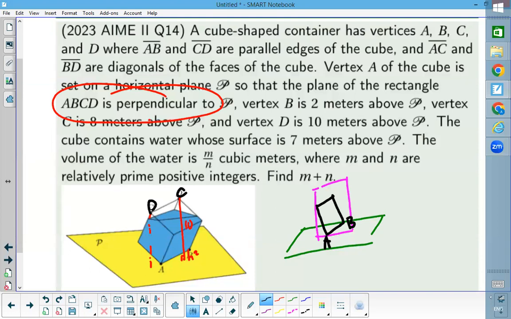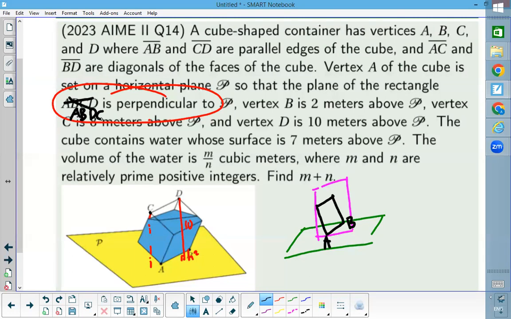If we label it like that, then AC and BD are face diagonals. So the original prompt is actually wrong; it should be ABDC.